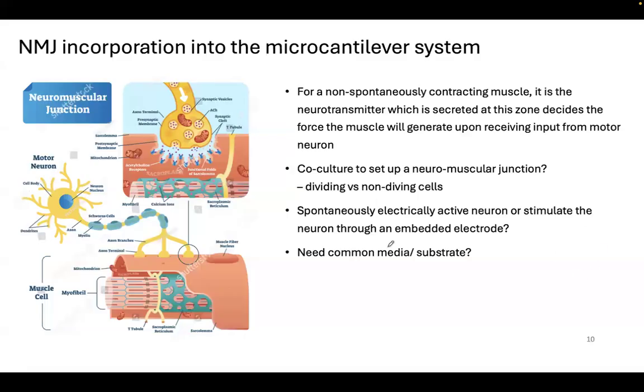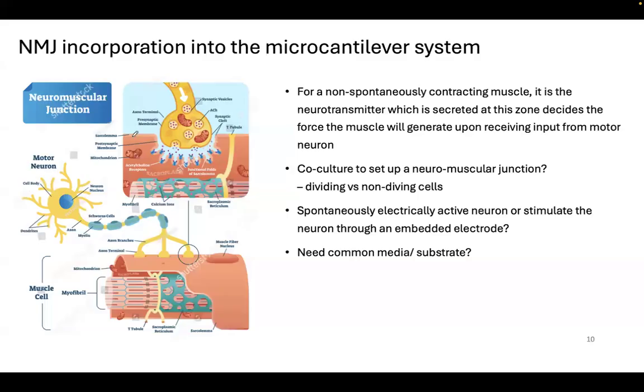Neurons may not be firing themselves perfectly when they do not have these Schwann cells with them. So do you want to culture a third type of cell? Or do you just want to insert an electrode, activate the neuron enough? You don't want it to be perfect, but you want it to be enough and quantifiable and reproducible, in terms that you can do the same thing again and again over different setups.